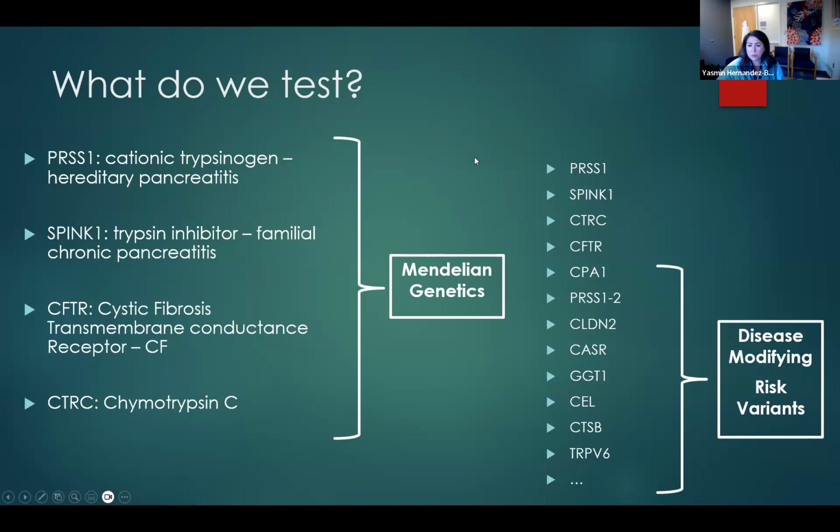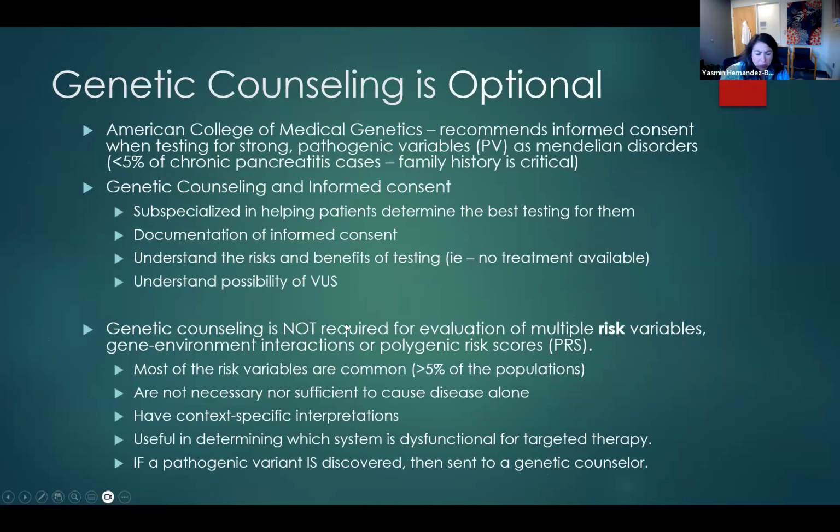The way I explain it to patients is that you don't have a monogenic cause. You don't have one of these mutations in PRSS1 or SPINK1 or CFTR or CTRC that by itself is going to cause your pancreatitis, but you have risk variants that make your pancreas more sensitive to everything else: alcohol, tobacco, something in food that we haven't yet discovered. That's how I talk to patients about genetic testing.